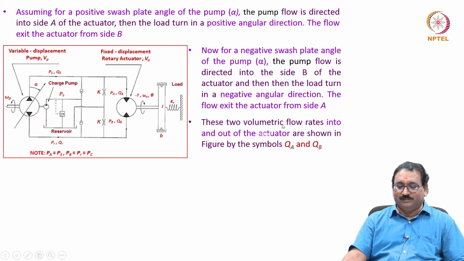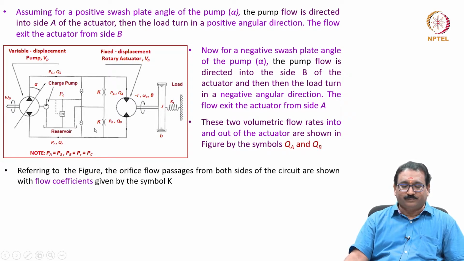These two volumetric flow rates into and out of the actuator are shown here as QA and QB.